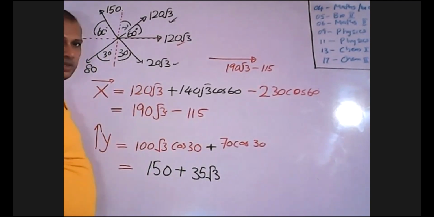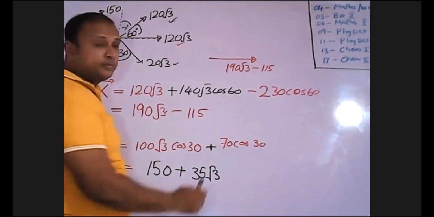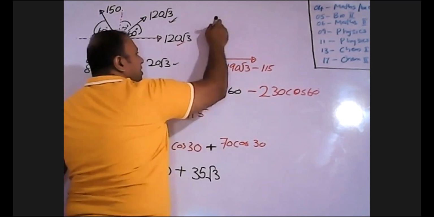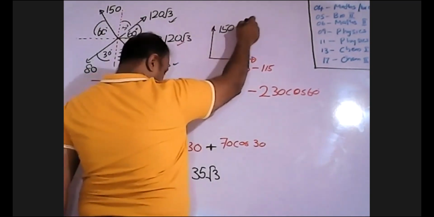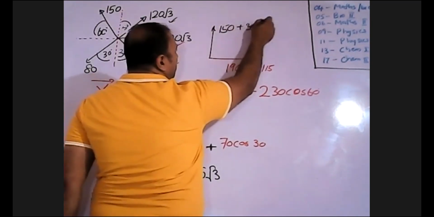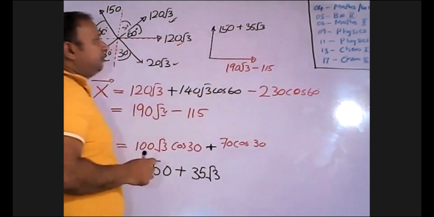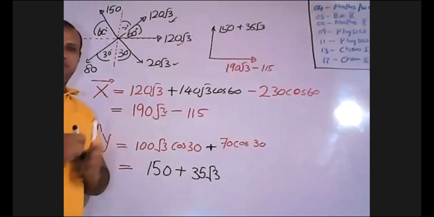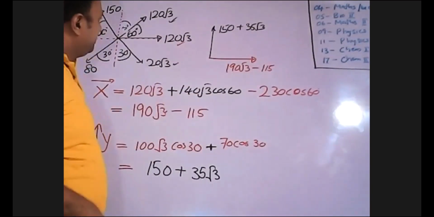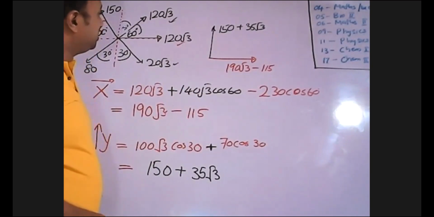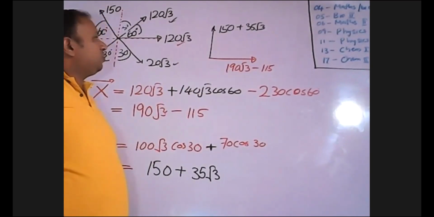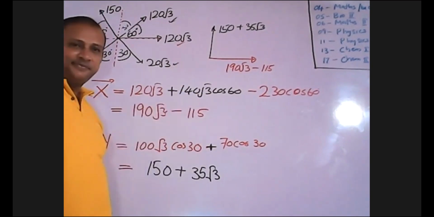It is positive also. Therefore, the y component is 150 plus 35 root 3. If you want to simplify it again, you can do that. Otherwise, you can keep it as this.